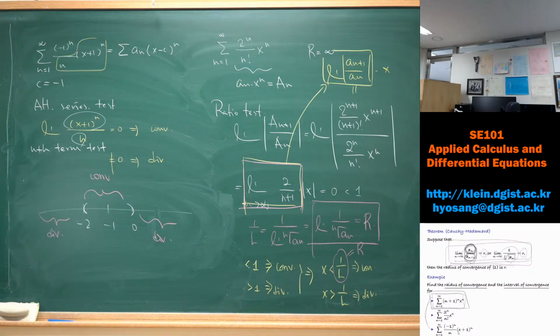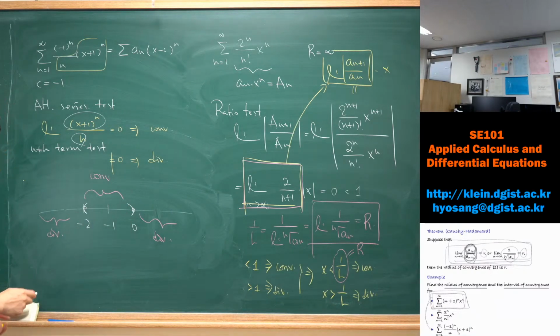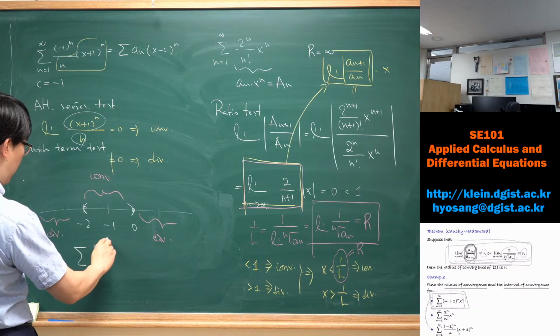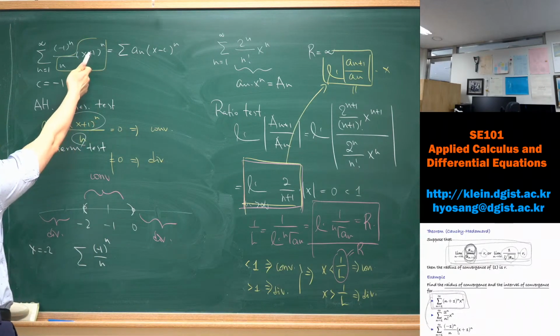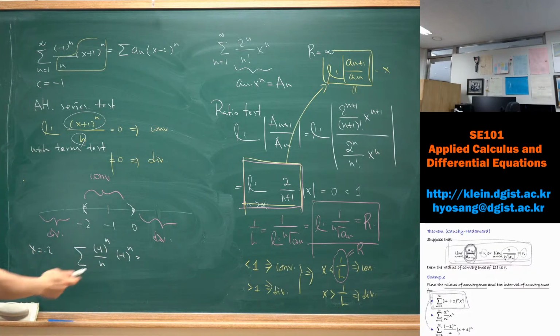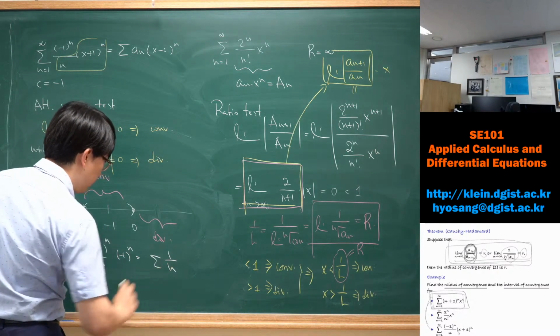Now when you have to check the interval of convergence, you have to check the convergence at the endpoints. When x is negative 2, x plus 1 is minus 1, so we have (minus 1) to the power of n over n, which in the end gives 1 over n.